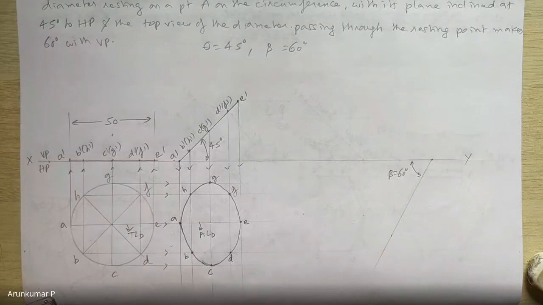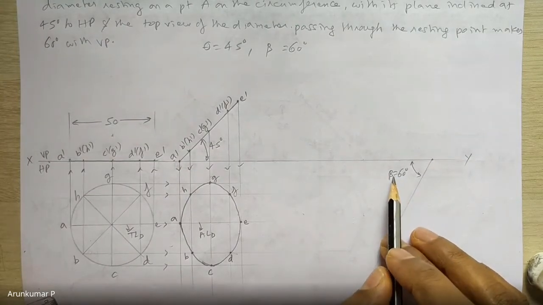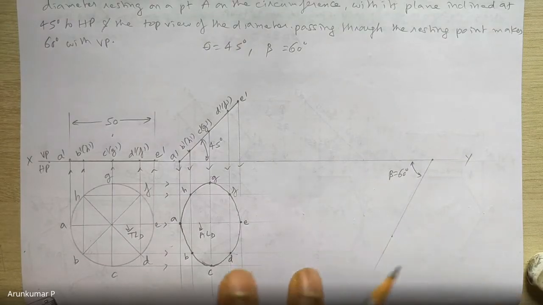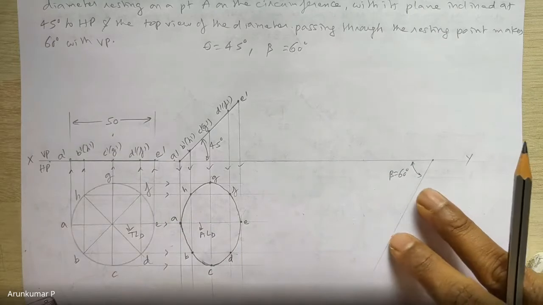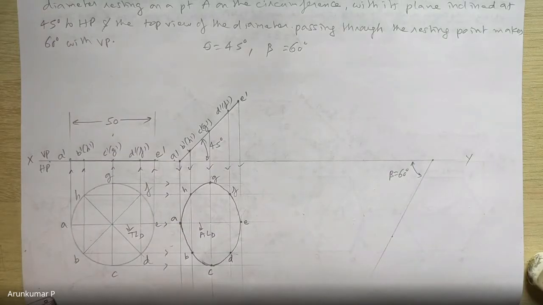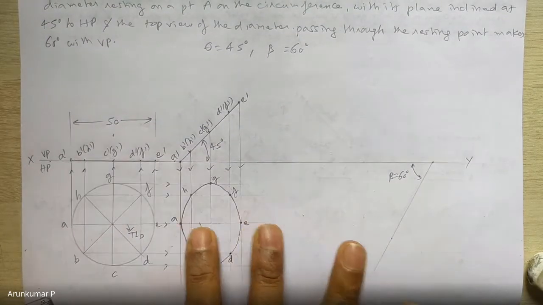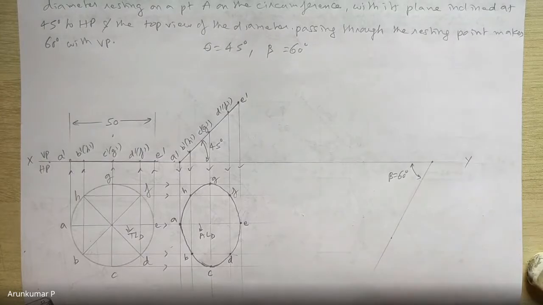So this is not a locus problem. But had this angle been a true inclination, then yes, this problem would be locus because you cannot keep an apparent length on a true inclination. So here no problem. Straightforward. You can keep AE, the apparent length, on the 60-degree line.